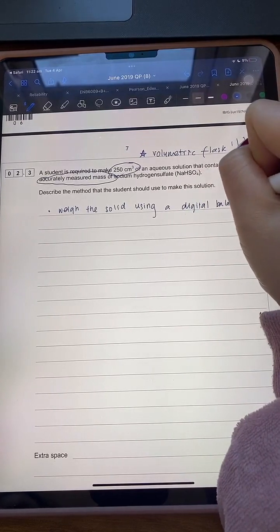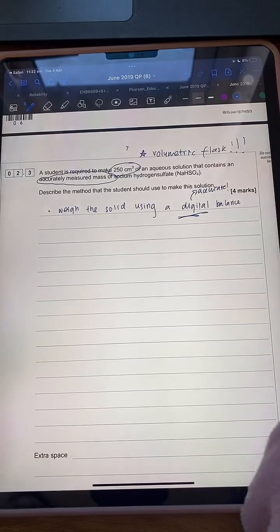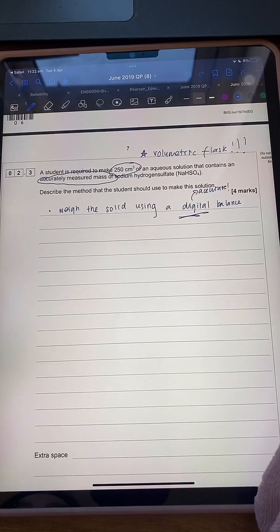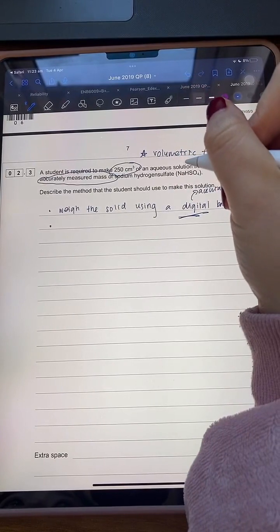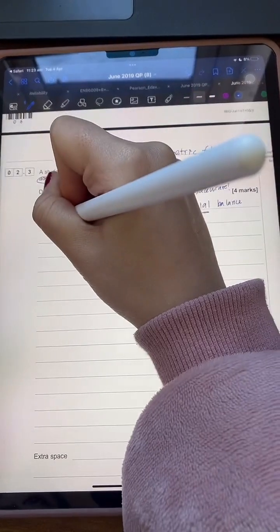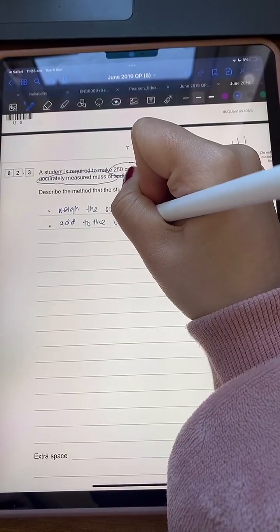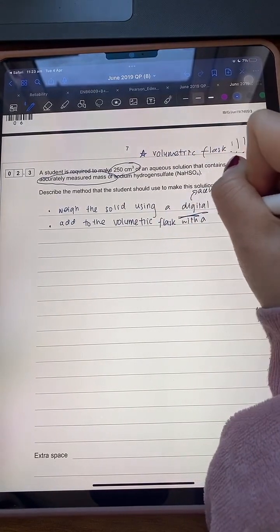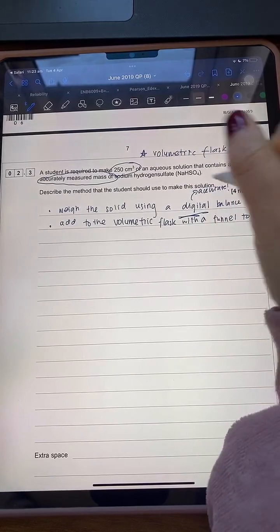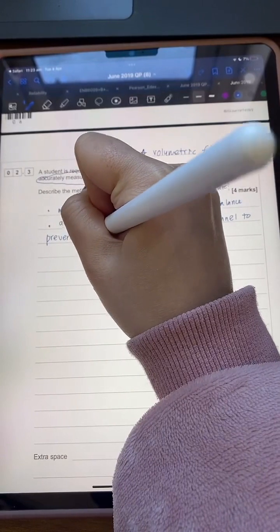And then you can say add to the volumetric flask with a funnel to prevent spilling. Dissolve in water, preferably distilled water.